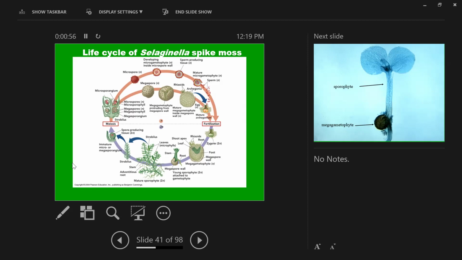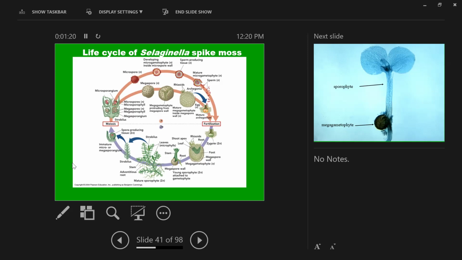And so we're looking for sperm inside of the antheridium. Once we get into the gymnosperms, this is the strategy. We have the heterosporous condition, so there are two different spores. Megaspores are physically larger.